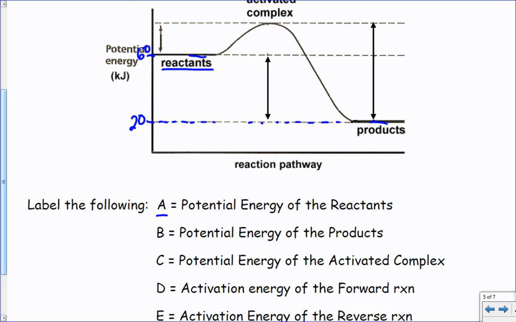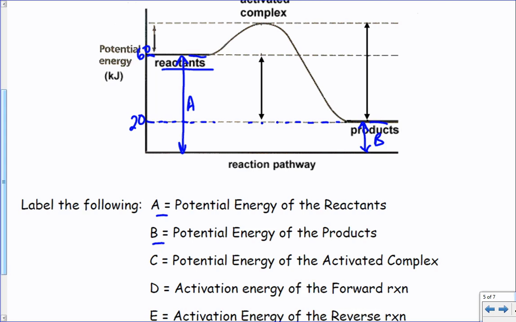A, potential energy of the reactants. Reactants are on the left. That's A. B, potential energy of the products. Products are on the right. Notice the magnitude of those lines just switched. C, potential energy of the activated complex. Here's the activated complex, so this is my C. D, activation energy, forward reaction.